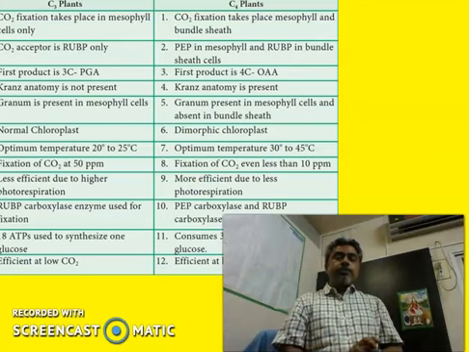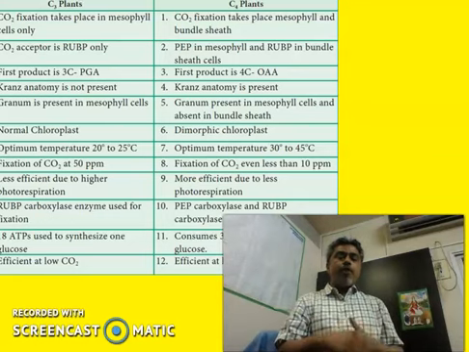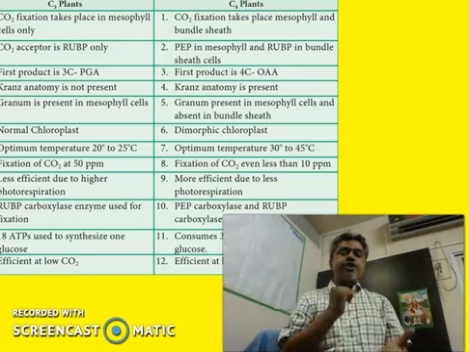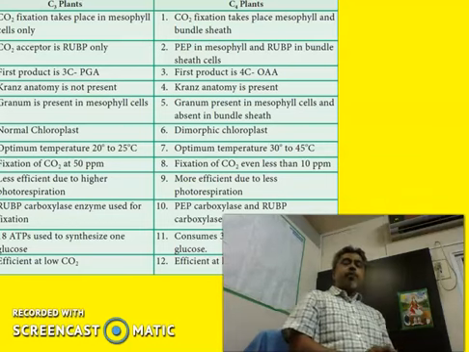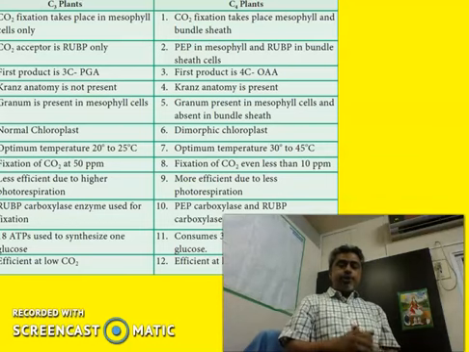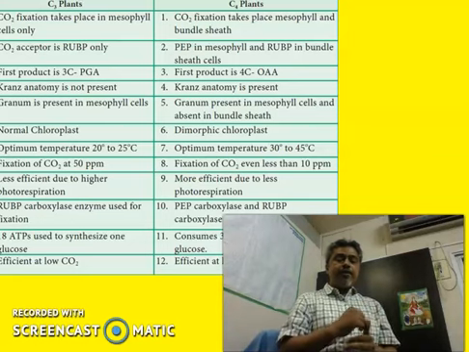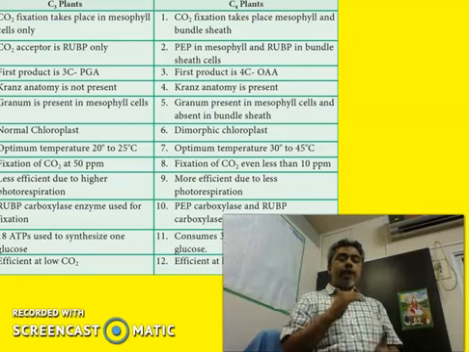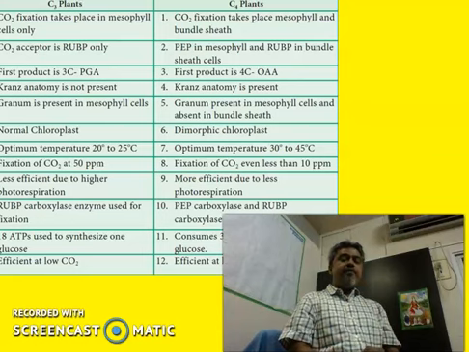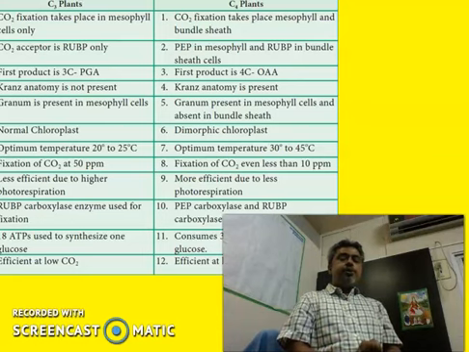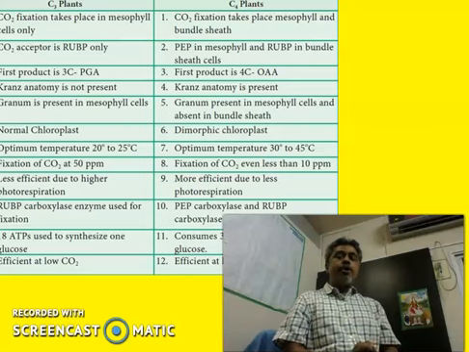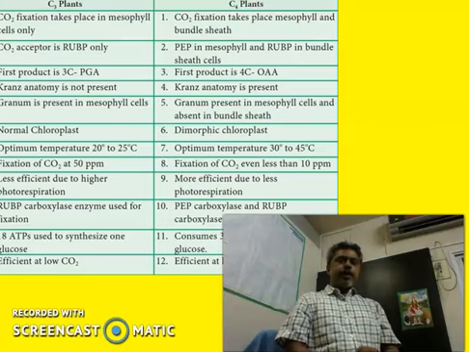Okay. Now what about photorespiration in C3 and C4 plants? C3 plants are less efficient due to higher photorespiration, whereas C4 plants are more efficient due to less photorespiration.